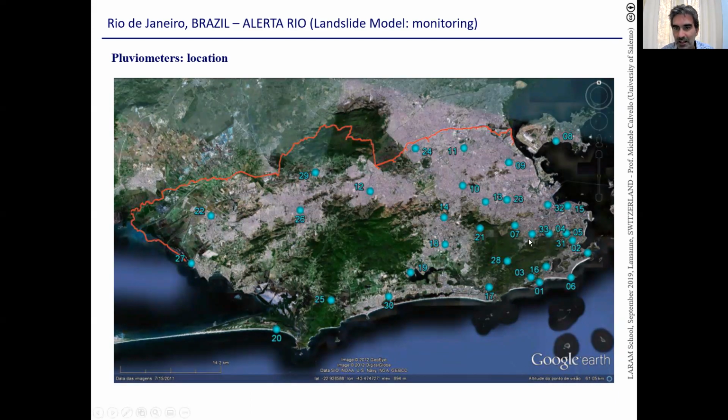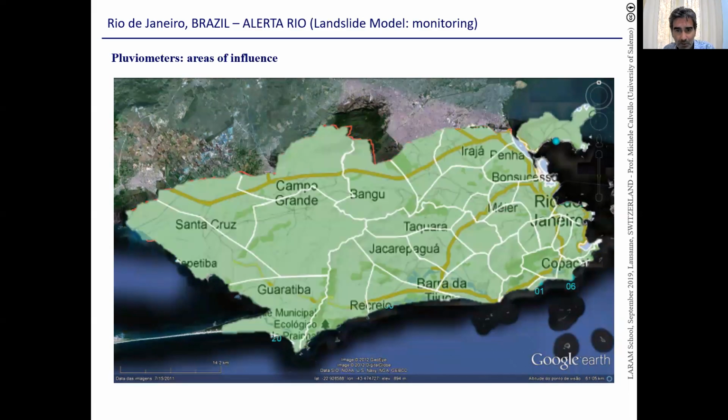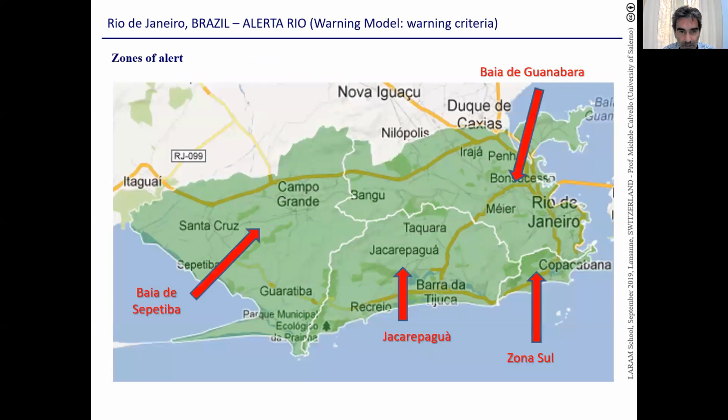There is an important part of settlements, formal and informal settlements. Anyway, let's not go into details of what Rio de Janeiro is. There are 33 pluviometers. You can say that each pluviometer has an area of influence. So there are 33 areas that could be associated to pluviometers, so to measures of the rainfall.